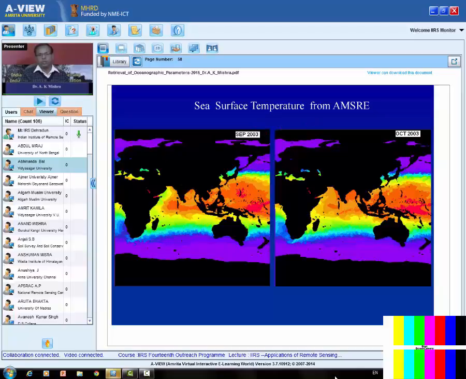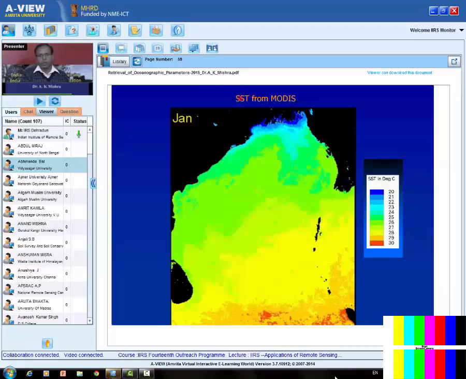So taking this advantage, these microwave sensors give us a lot more information, means global scale sea surface temperature information compared to thermal data. This is SST from MODIS. This is high resolution data, but as I told you, animation is missing here.